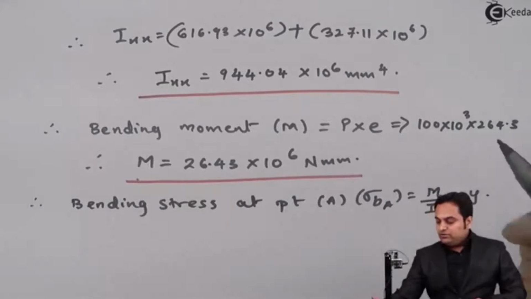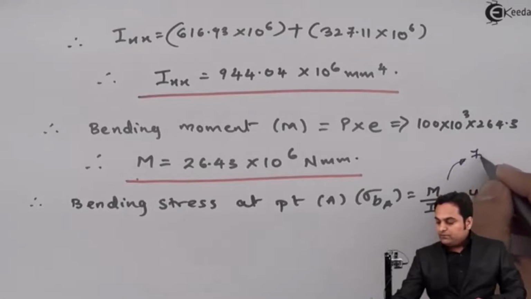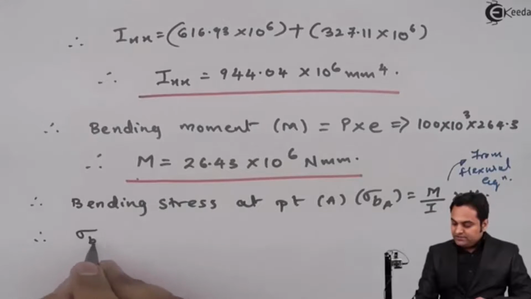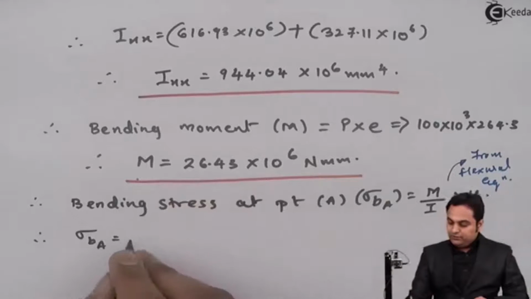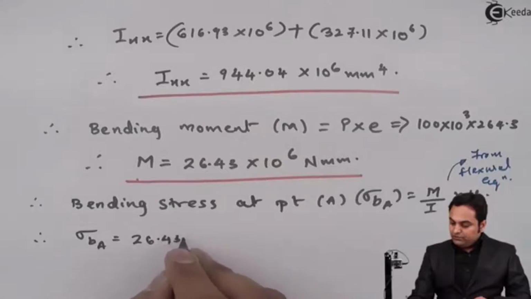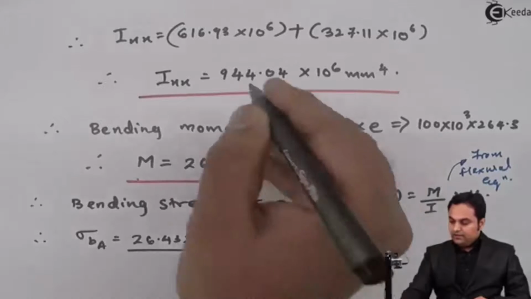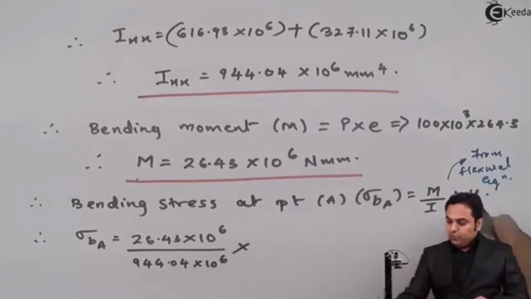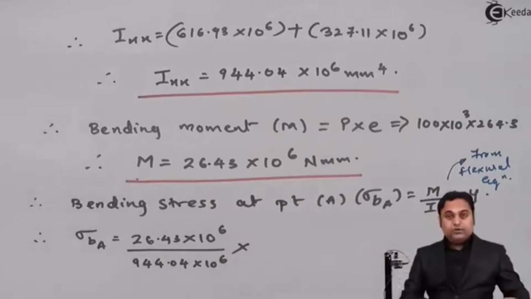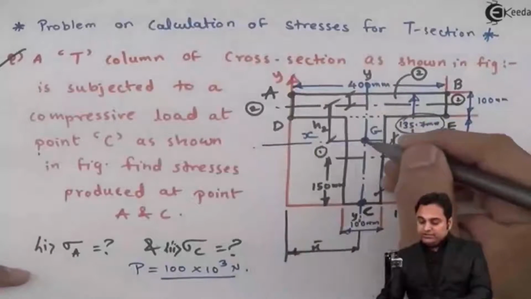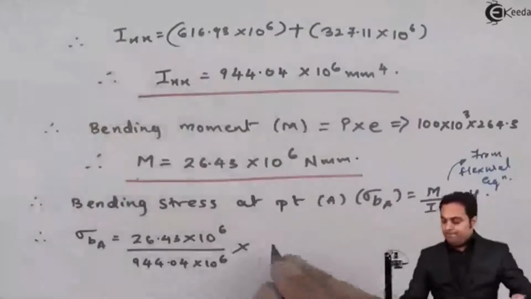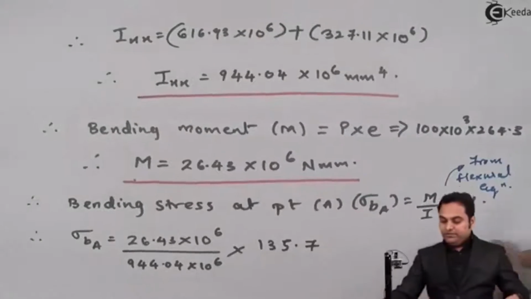So the bending stress at A will be bending moment 26.43 into 10 raised to 6, over I, 944.04 into 10 raised to 6, into y. For point A, we should know the distance from the centroid up to point A, and that is 135.7 mm.